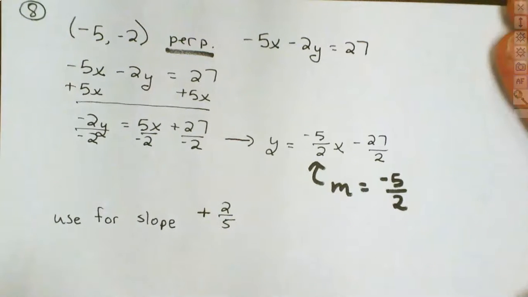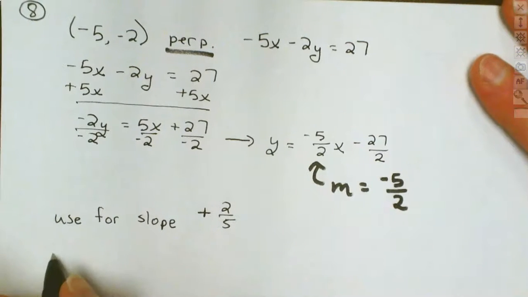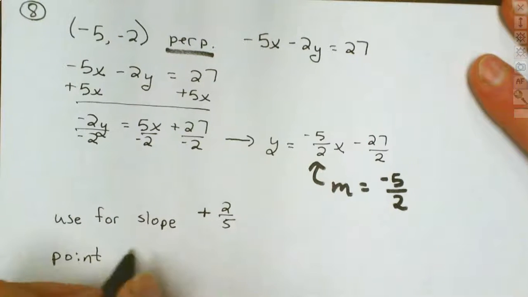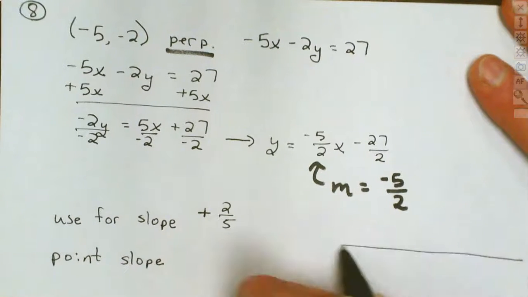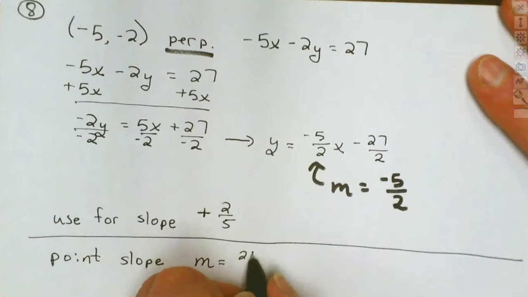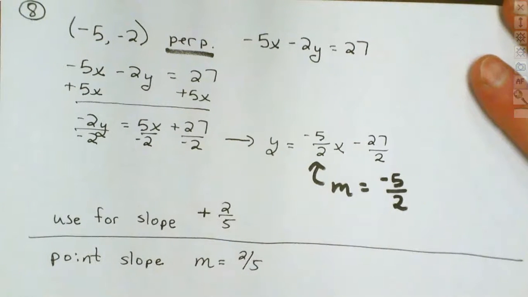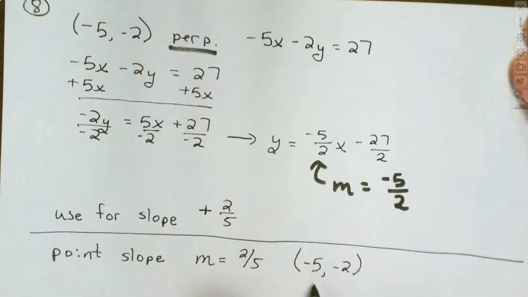Now we can use that slope with that point in our point slope formula. So we're going to use that m equals now 2/5 because that's the slope we're going to be using. We've got a -5 -2 for the point. So x1 again, y1.